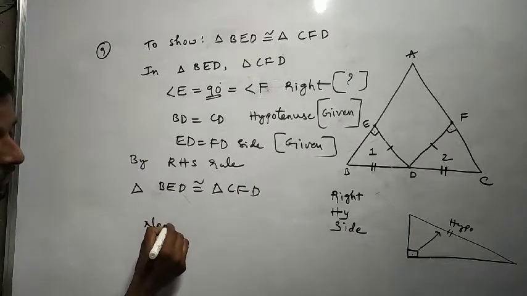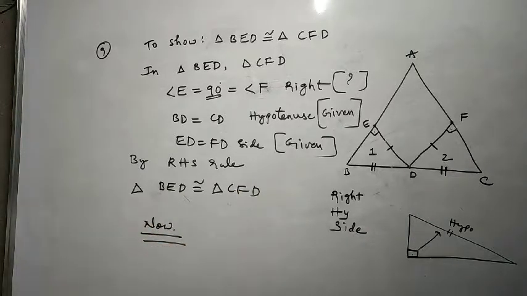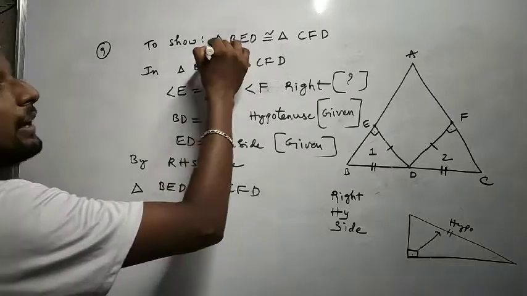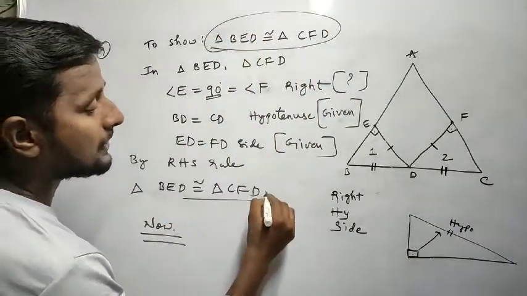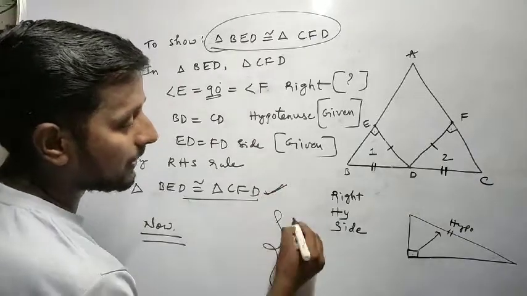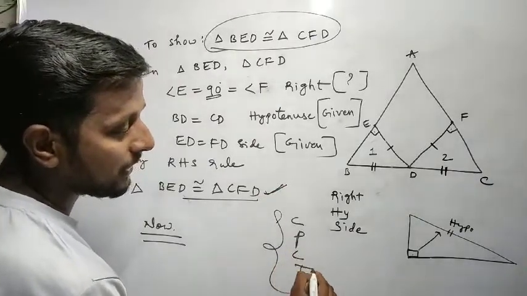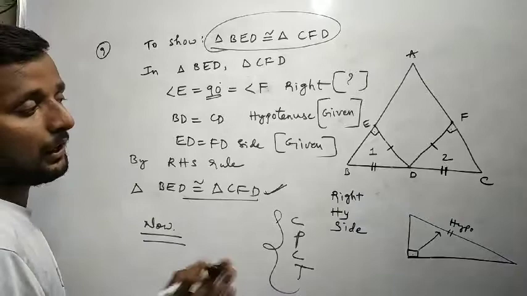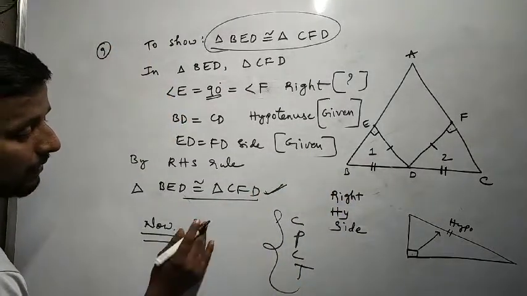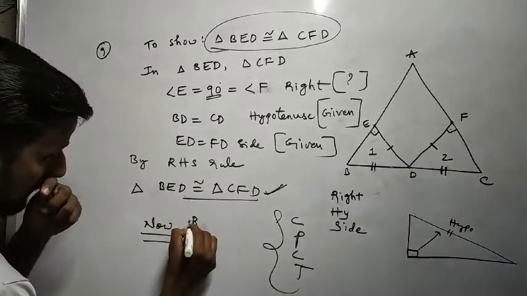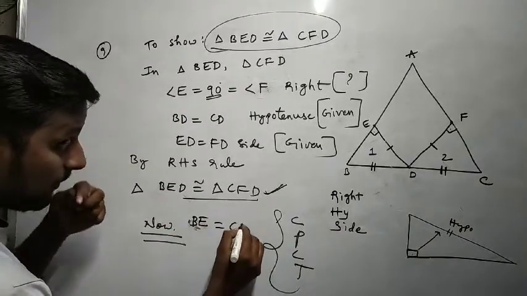Now, our requirement has already finished, congruence has completed. But let's compare by CPCT, corresponding parts. If I talk about sides, BE is equal to CF.